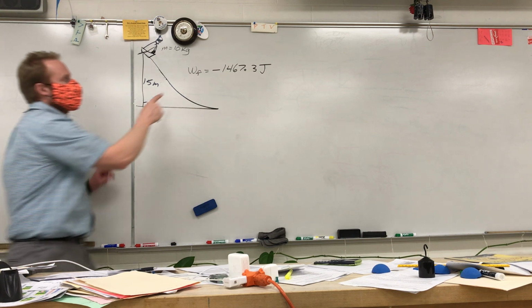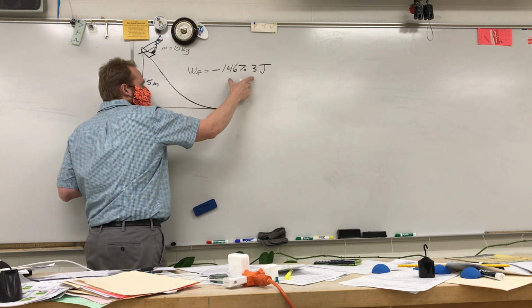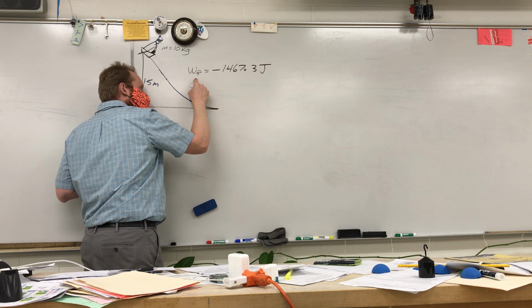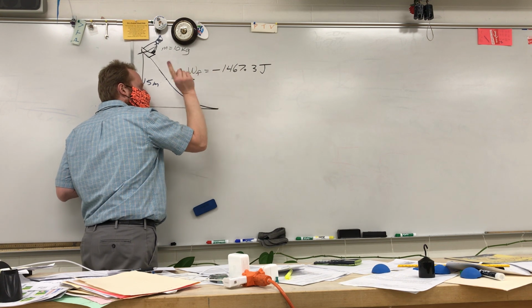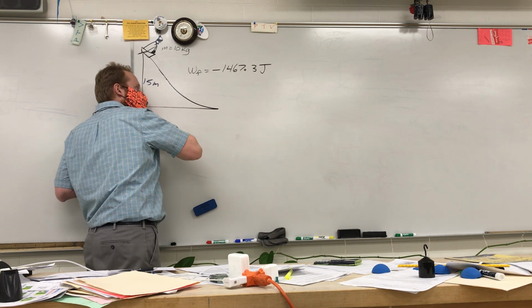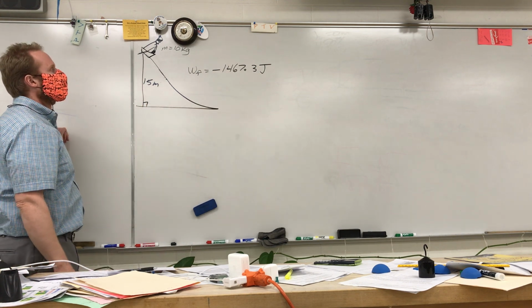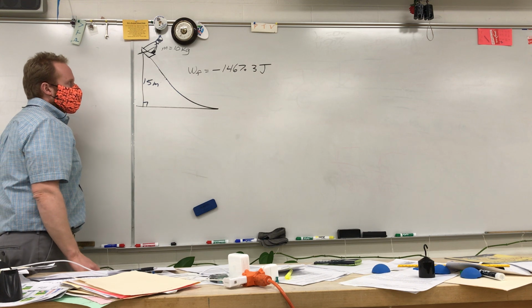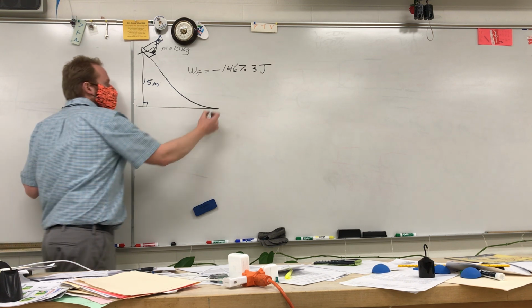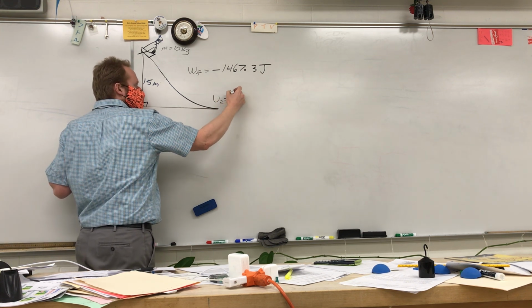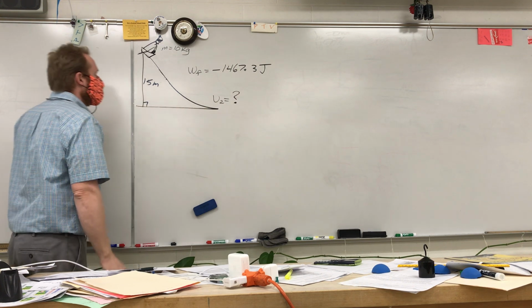It's removing energy from the system. The work done by friction is always going to be negative, negative 1,467.3. Okay, now, it's a two location question: how fast are they going at the bottom of the hill?